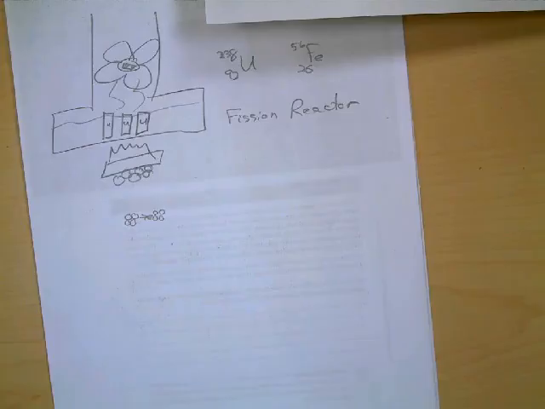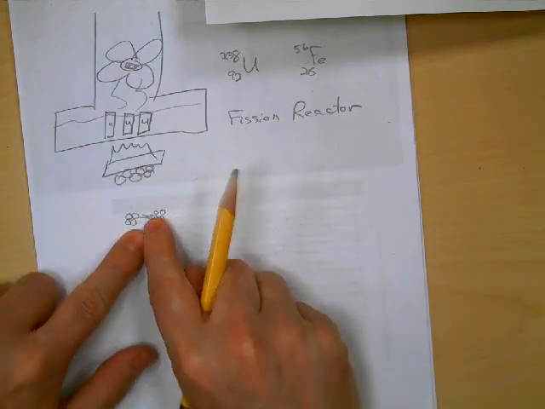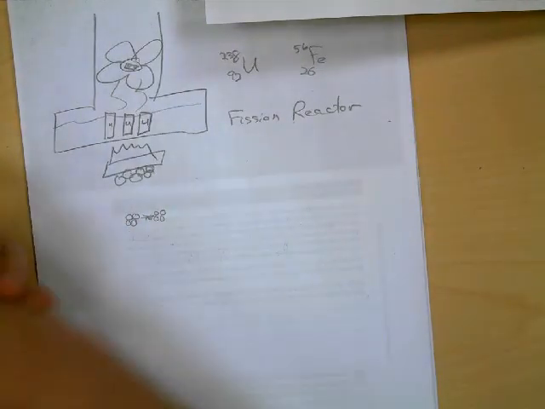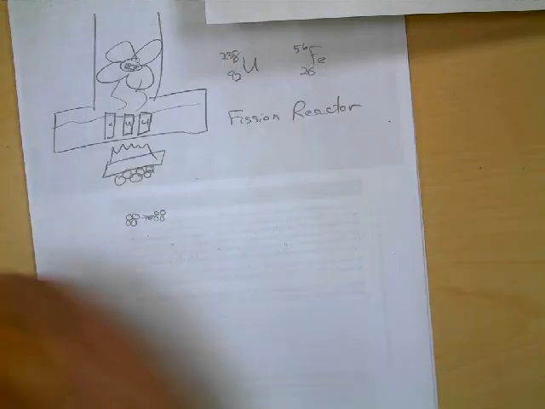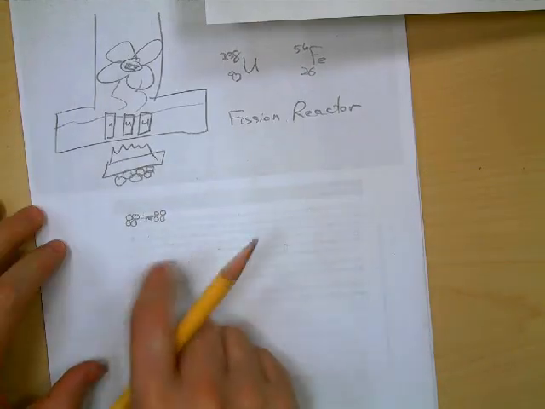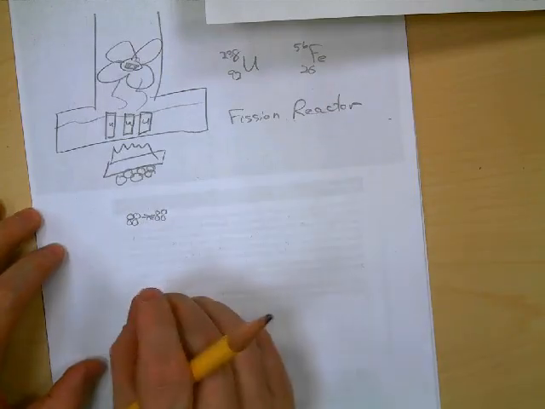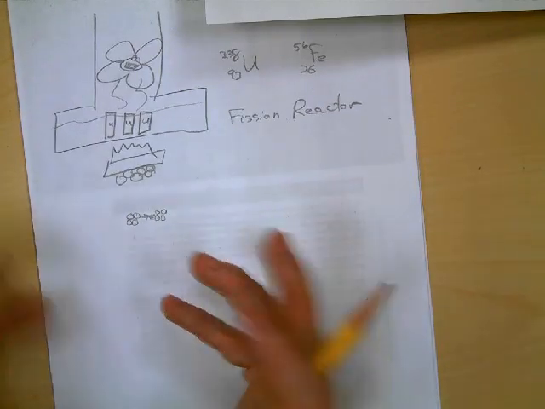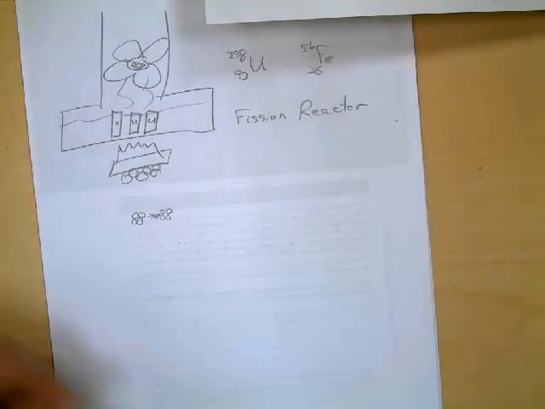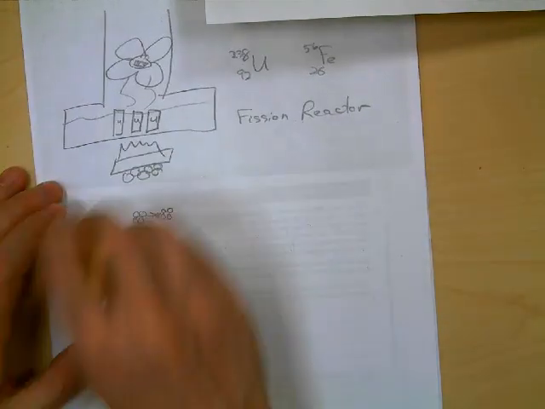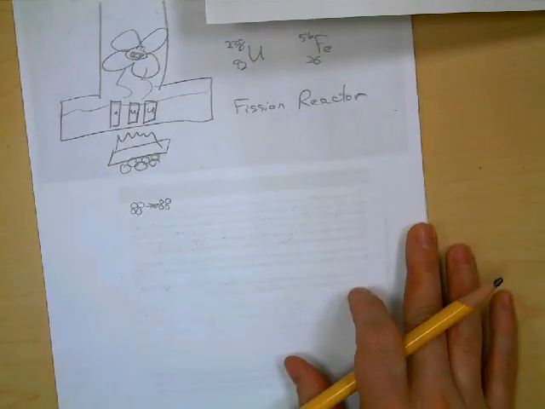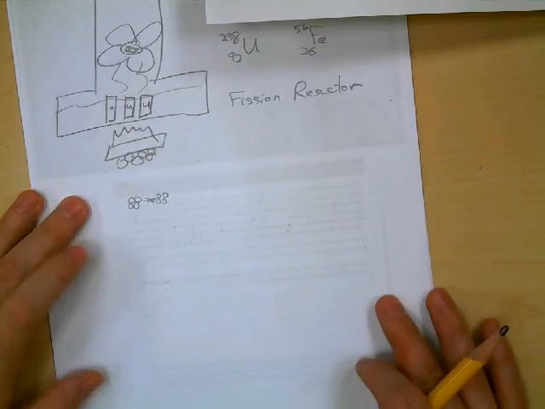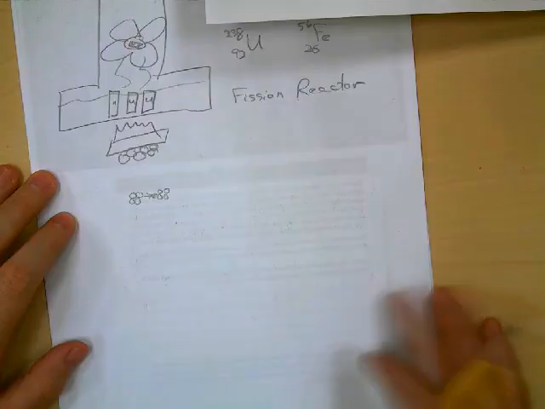They have taken small nuclei and slammed them together and generated energy. They have not yet figured out a way to safely push them together and create enough energy and also at the same time spin a turbine. Okay, so that hasn't happened yet, but we're working on it. And that could be something, if you are interested in this sort of chemistry, they badly need more engineers to work on the problem. So fusion, let's go to that.